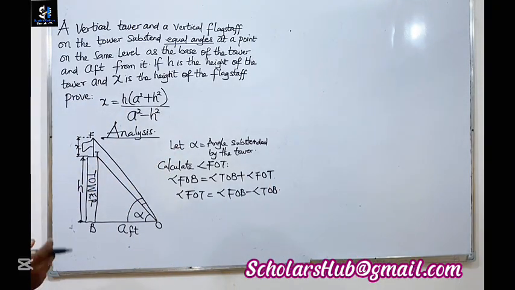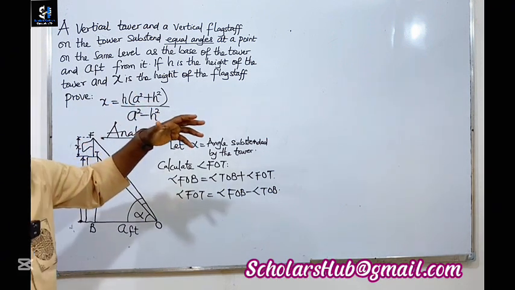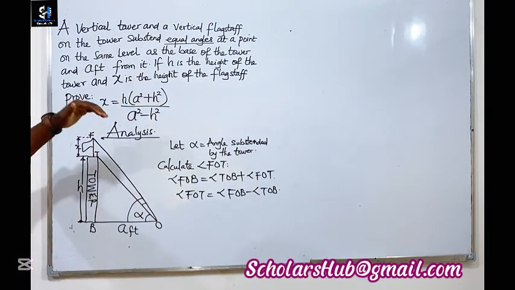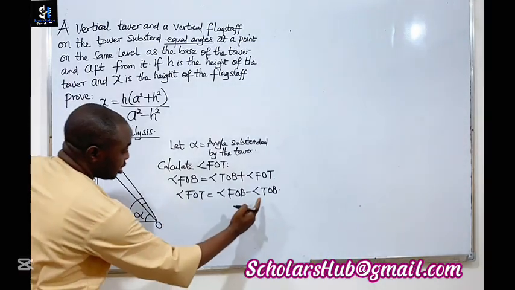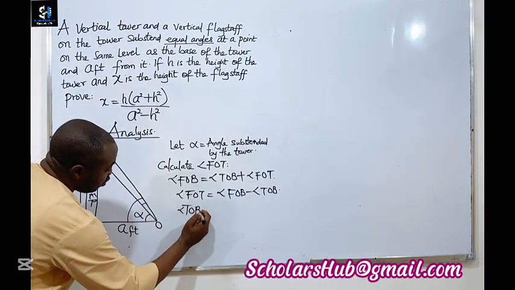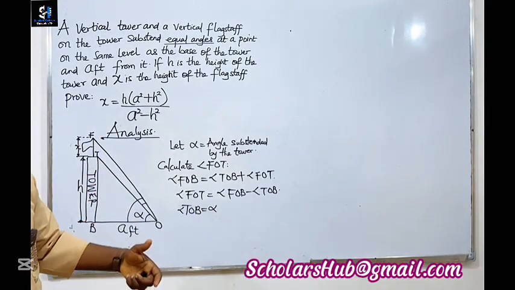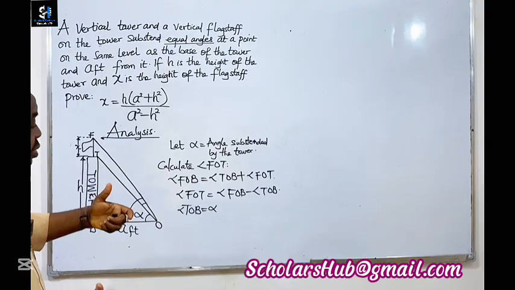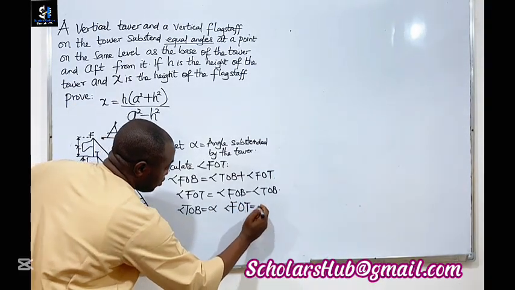That's it. Now let's not forget that in the question, we're given that the vertical tower and the vertical flagstaff on the tower subtend equal angles. So that means angle TOB equals alpha. If they subtend equal angles at a point on the same level, it means FOT will also be equal to alpha.